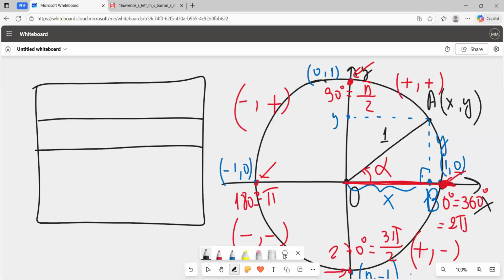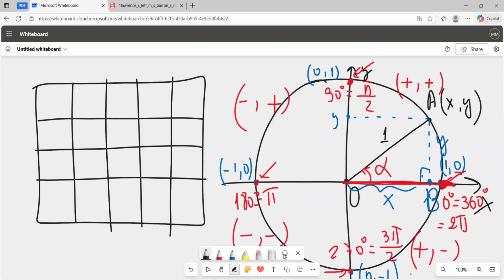And since sine of any angle in the unit circle is equal to y coordinate and cosine is equal to x coordinate, tangent is the ratio of them.